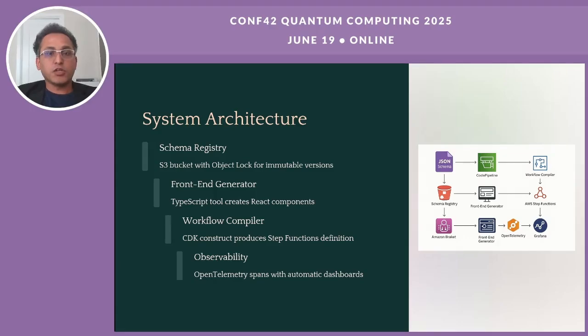The state machine calls Amazon Braket to run quantum jobs, invokes Fargate containers for post-processing, and stores results in S3. Observability is handled by OpenTelemetry with dashboards in Grafana. This system is modular, serverless, and designed for scale and traceability. On the right side, you can see the architectural diagram and the components involved.